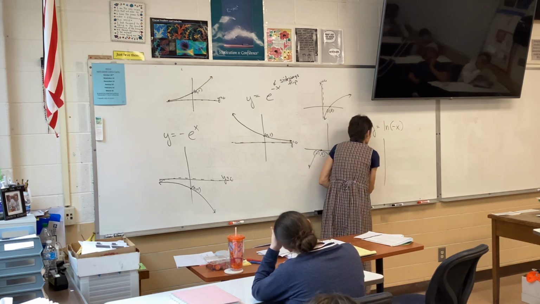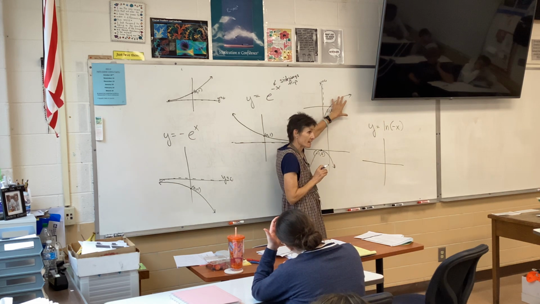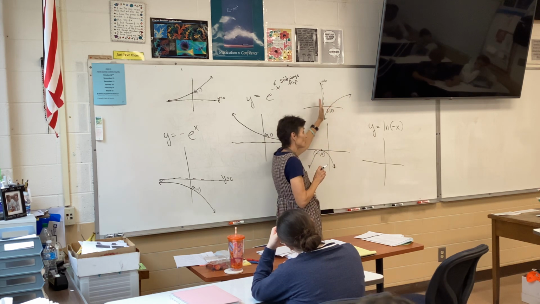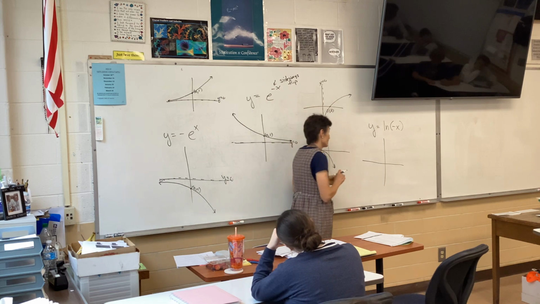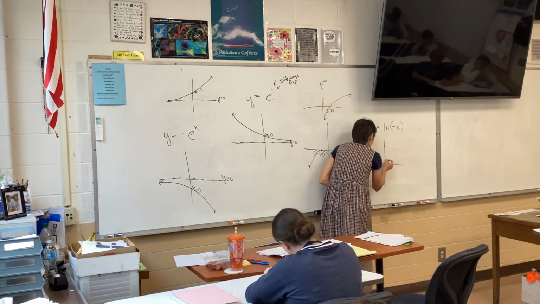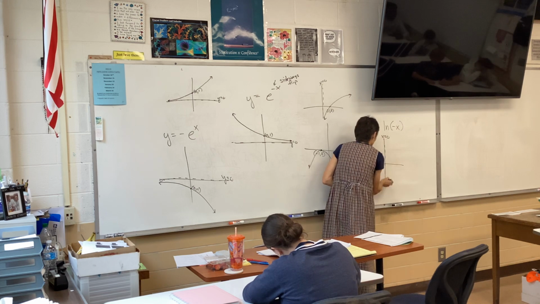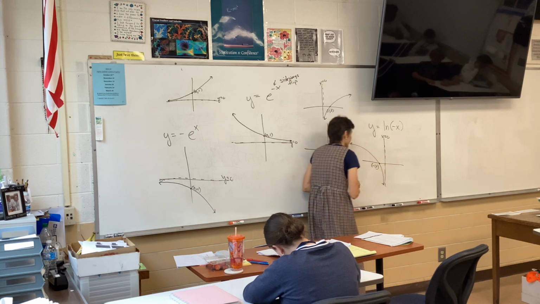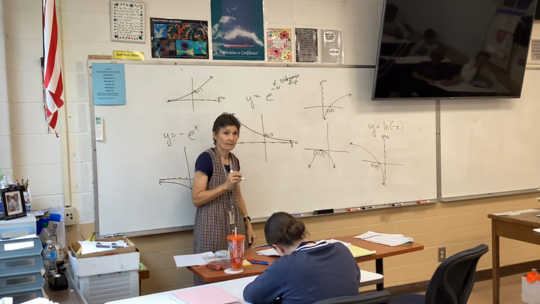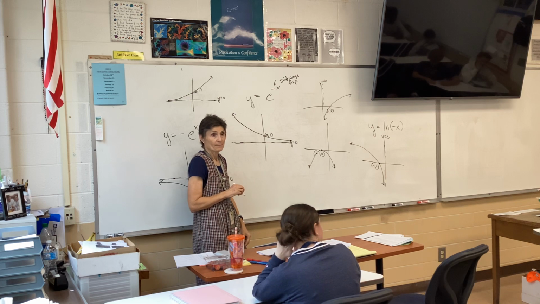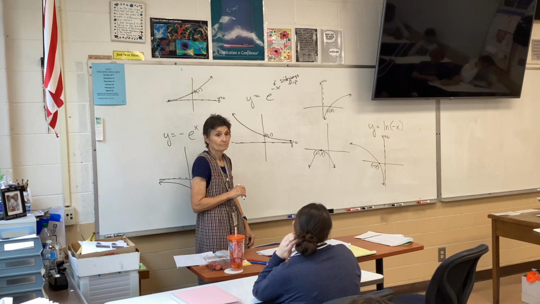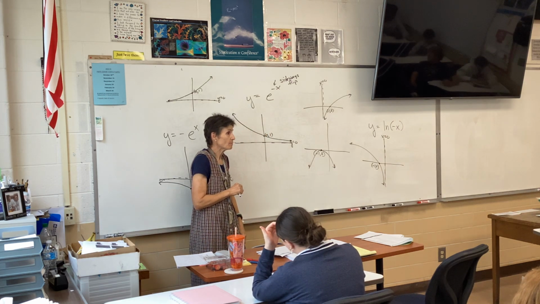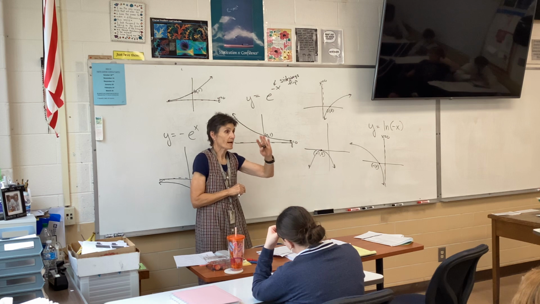So instead of being on the right-hand side, shooting out to the right, it's going to be shooting out to the left. So it's still going to have an asymptote right there. But now it's going to look like this. Does that make sense to everybody? So a negative inside the problem, sideways flip.